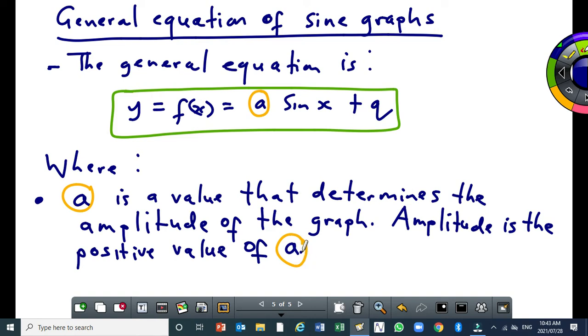Then Q now. Let's talk about Q. I've defined what A is. Now Q is a value which determines the vertical shift of the graph. Let me go to the next page.